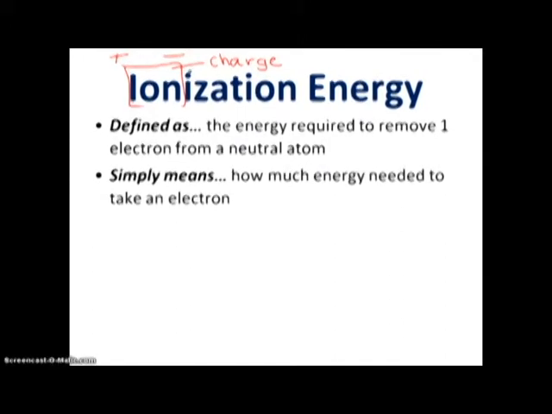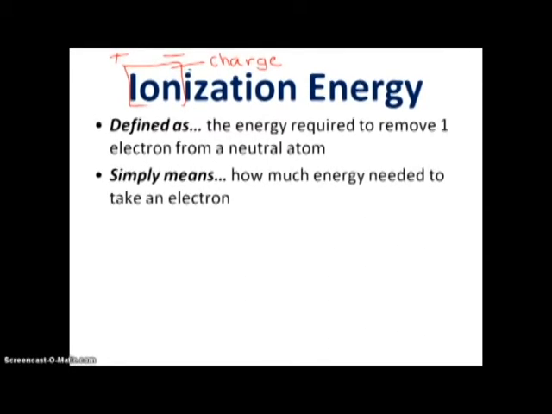Some atoms don't want to lose their electrons, so they will not let you steal the electrons from them. Again, everything we see about this has to deal with the number 8 and how every atom wants 8 valence electrons.